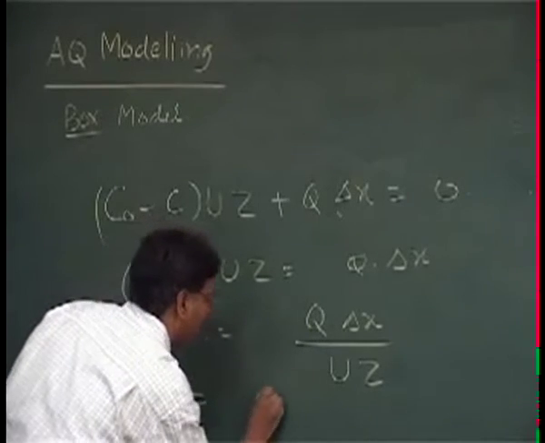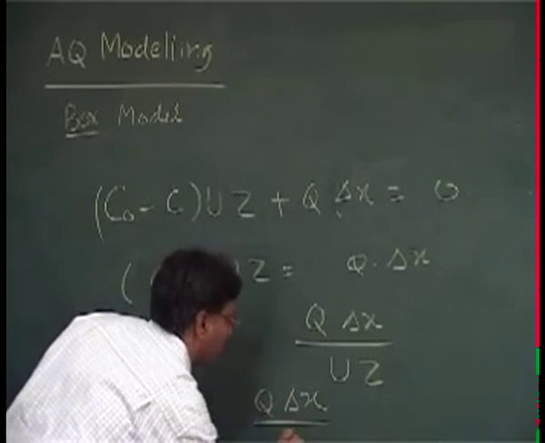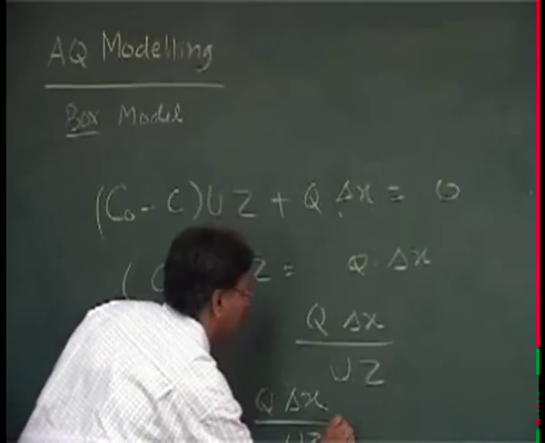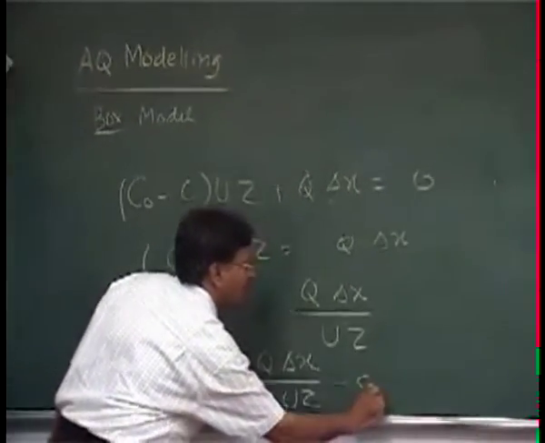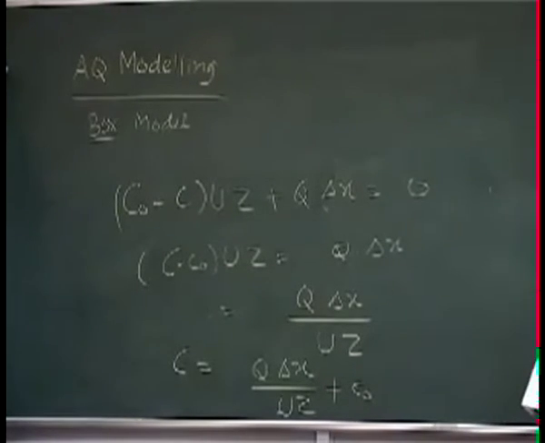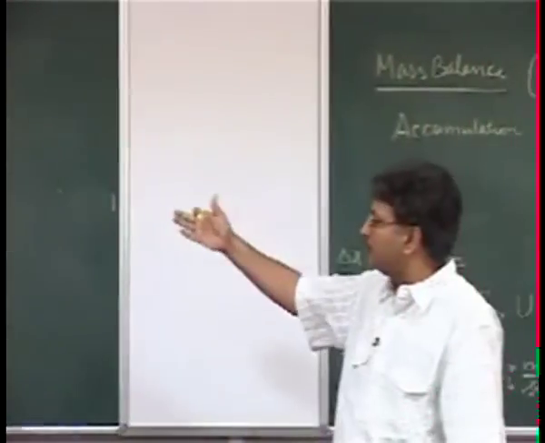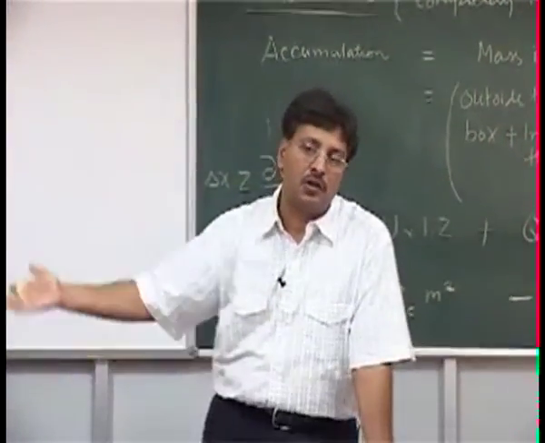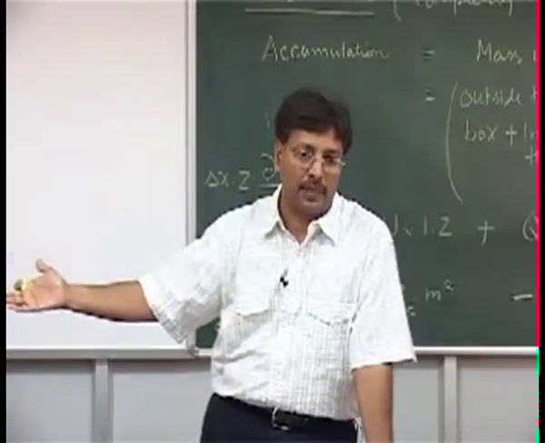So you should get something like this, plus C. So that is how you can find out the concentration. This is correct. And if you put C naught equals 0, that means prior to pollution coming to the box, the initial concentration was 0. So you can put C naught equals 0.